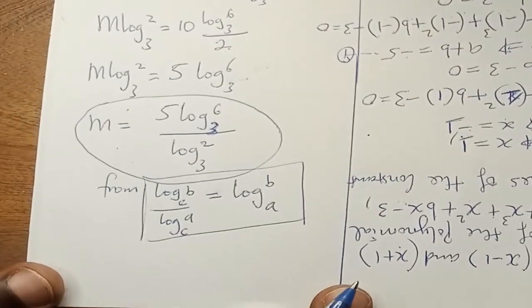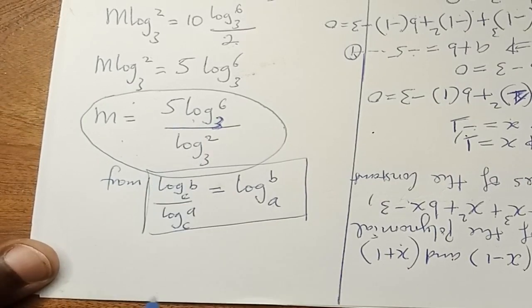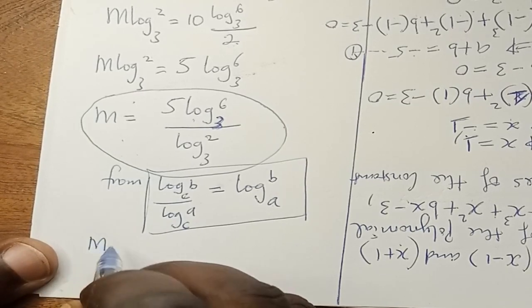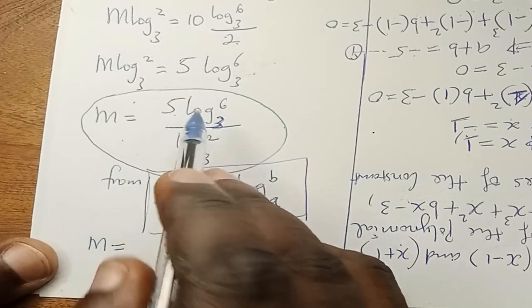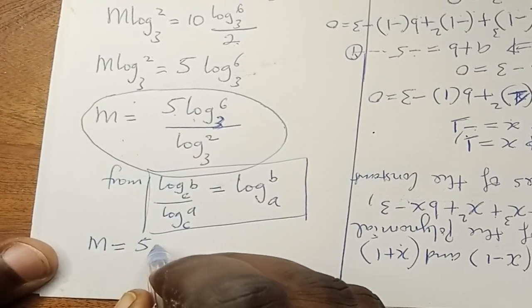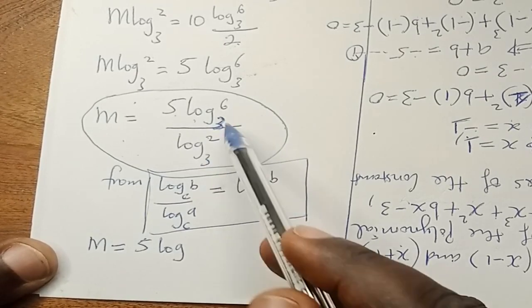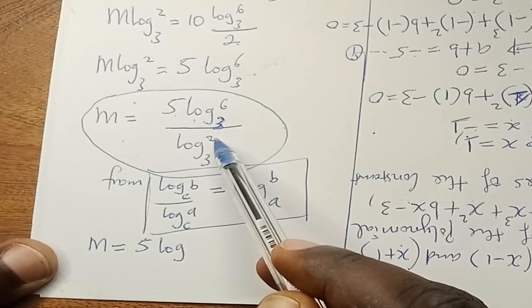If we apply this formula, what we are going to have from this expression is m will be equal to 5 log, so we just omit these bases, then we have 2 and 3.